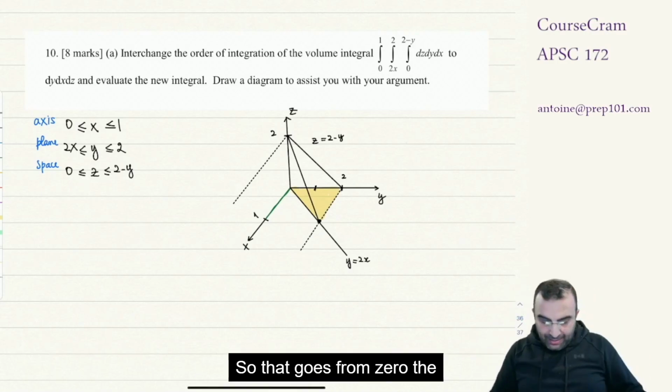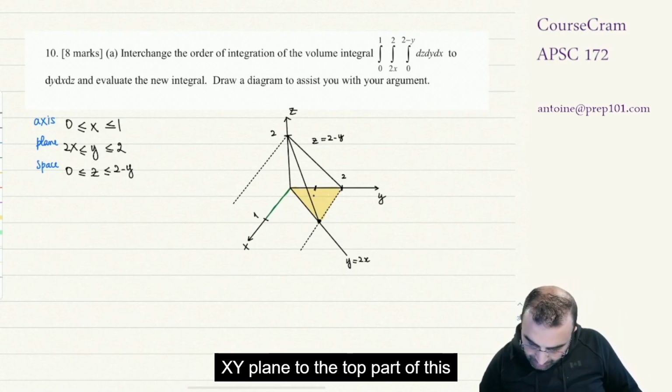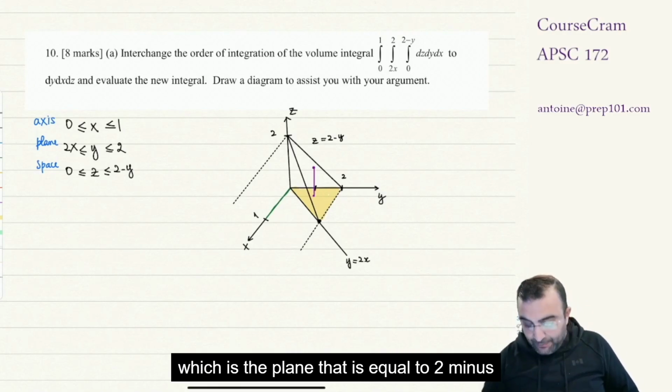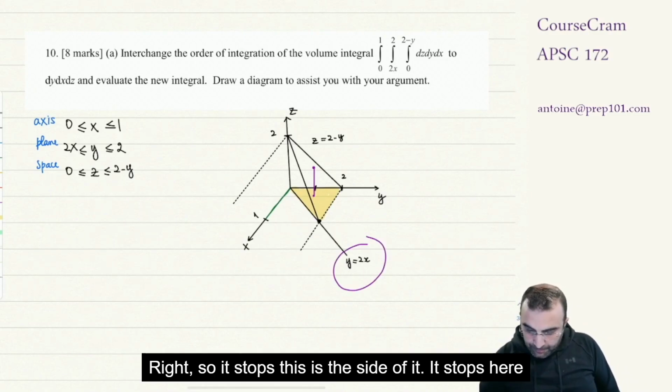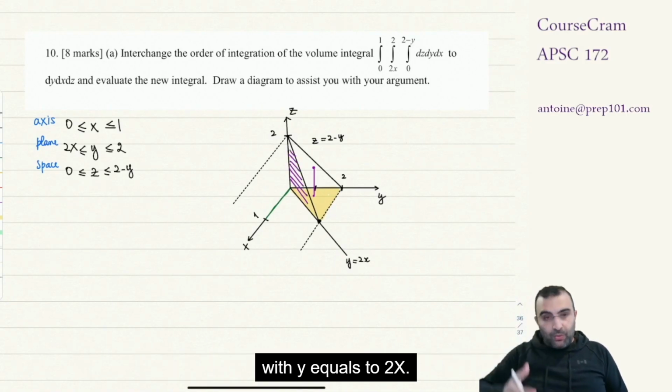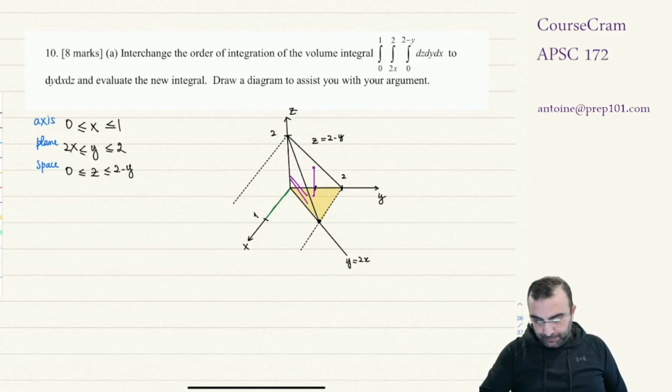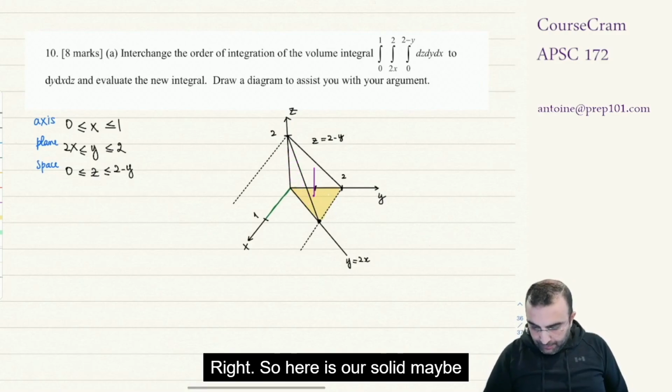So z goes from 0, the xy plane, to the top part of this, which is the plane z equals 2 minus y. And it stops at y equals 2x. This is the side of it. It stops here with y equals 2x. Right, so here's our solid.